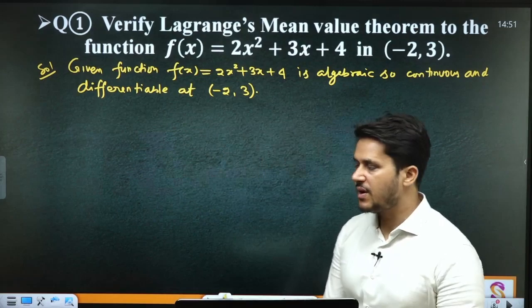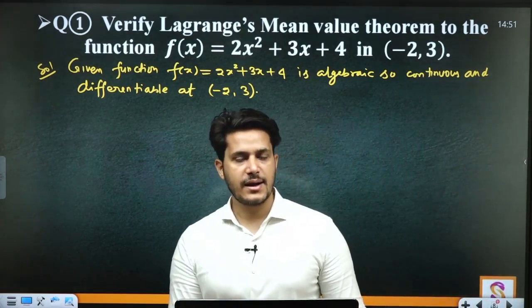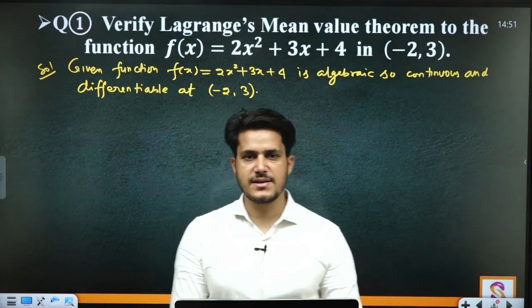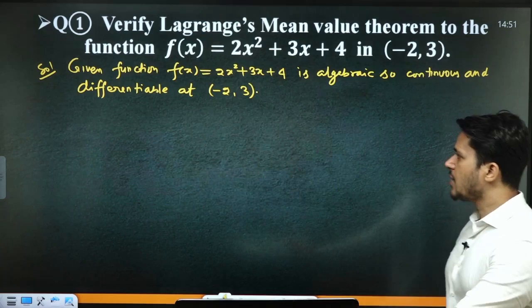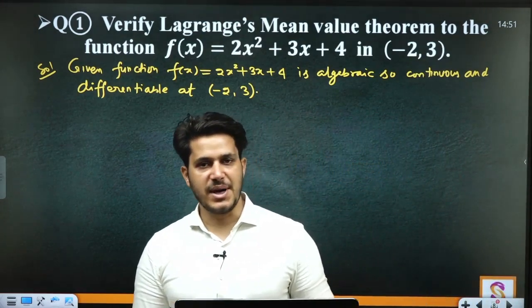That's why this function is called continuous and differentiable. Now you have to understand that is there any value of c which lies in this interval -2, 3 in such a way that f dash c equal to f(b) minus f(a) upon b minus a.